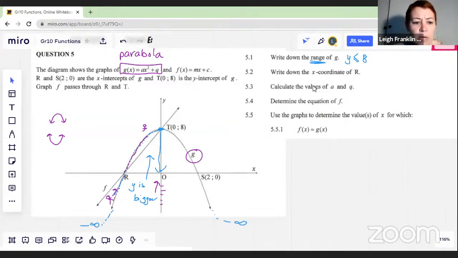Has anybody managed to do question 5.2? And then Katlego, I can explain to you as we go. Has anybody written down the x coordinate at r? You can pop it into the chat if you've got an answer. Well done, Riabetswe.